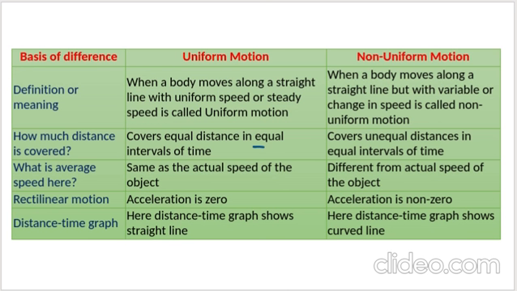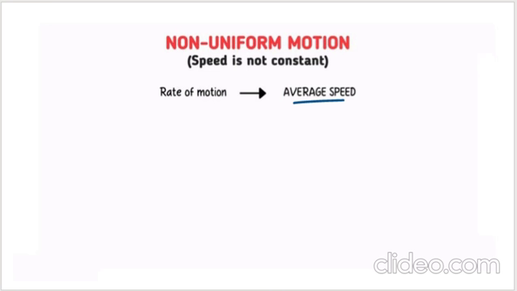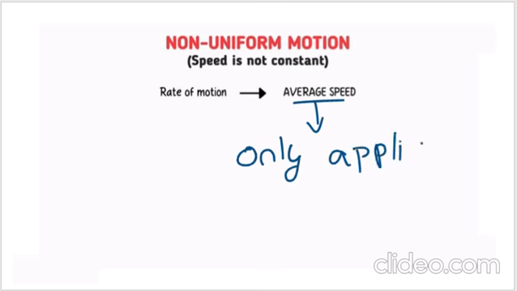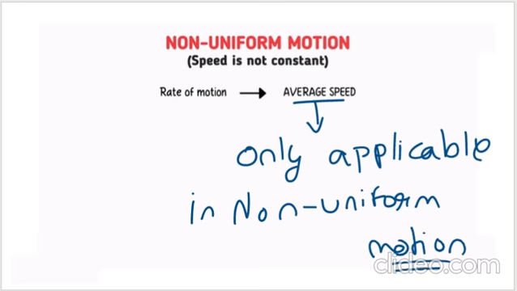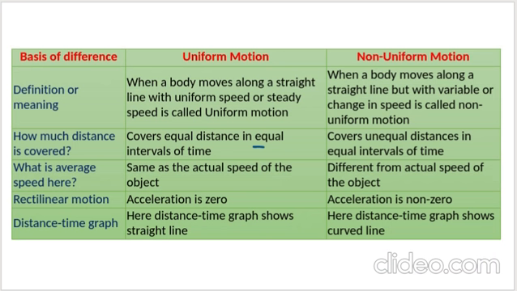So I'll write it on this slide: average speed is only applicable in non-uniform motion. Only in non-uniform motion one can use the average speed. In uniform motion the average speed is nothing but the same speed which is currently there.